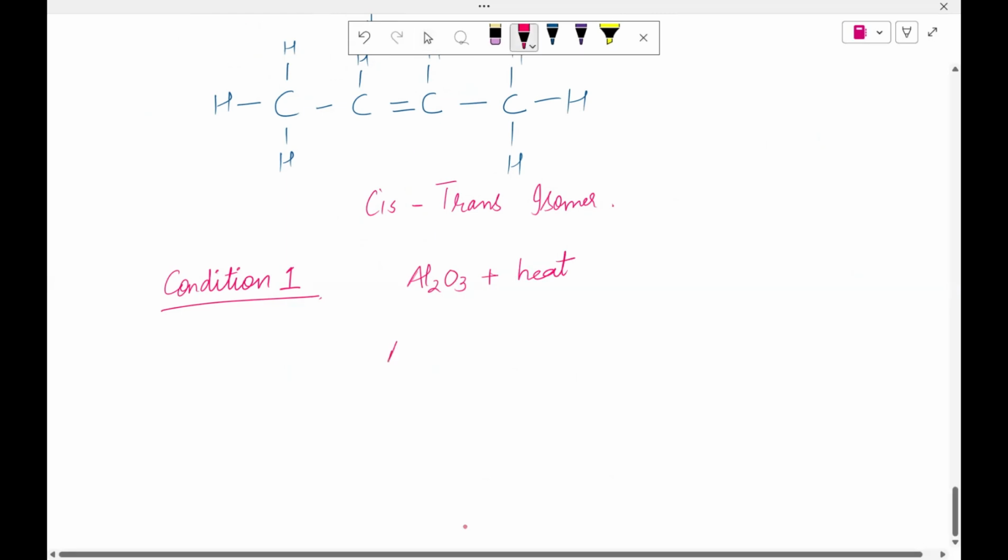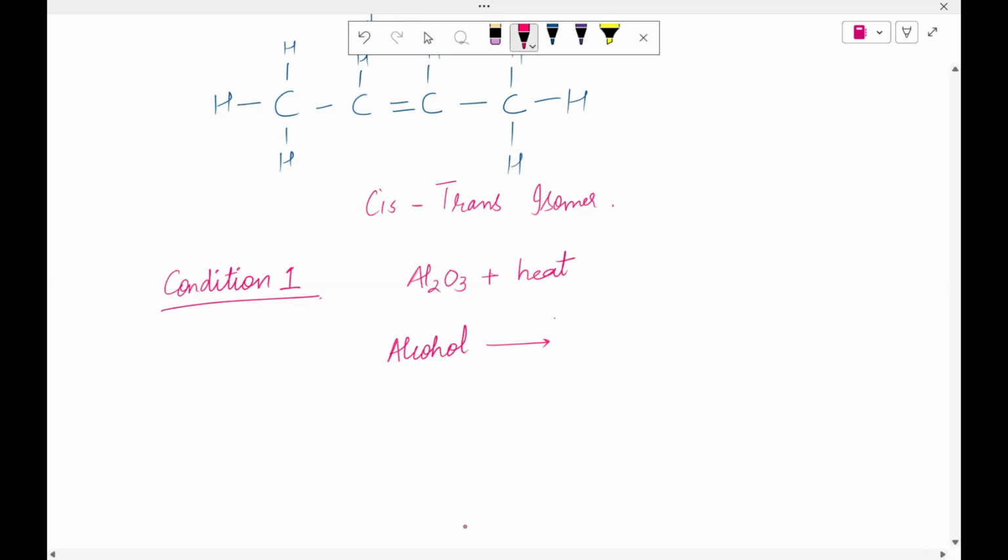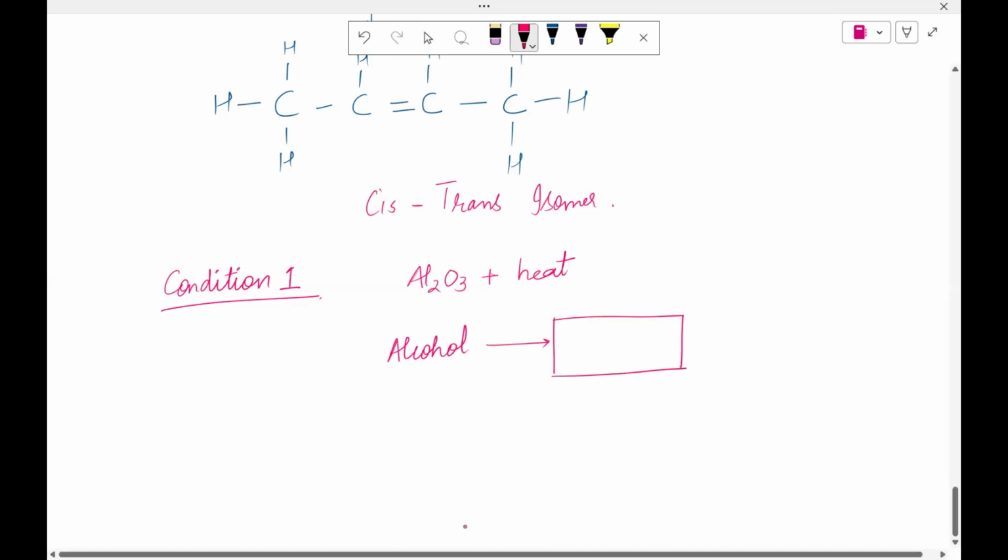For example, this is alcohol, and when it has been passed through this heated aluminium oxide, then alkene would be formed. Okay.